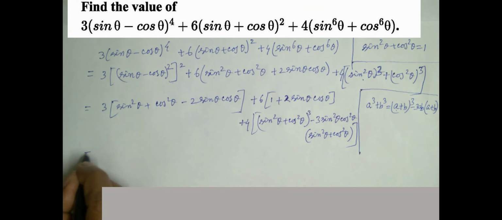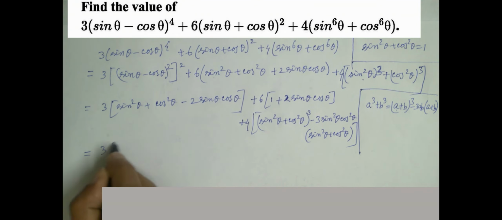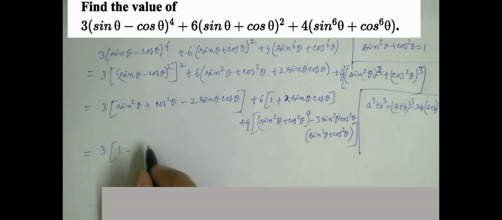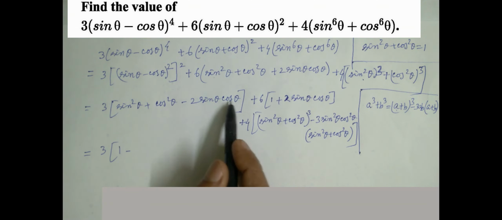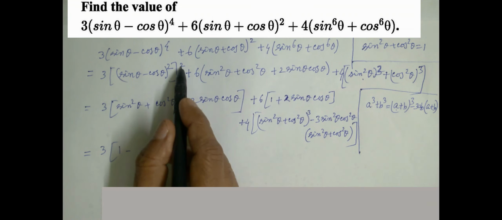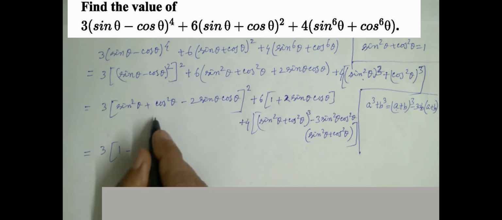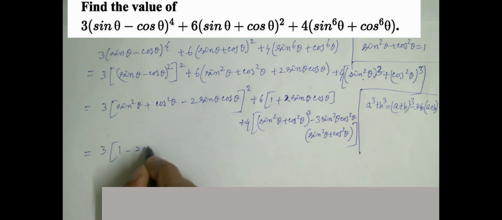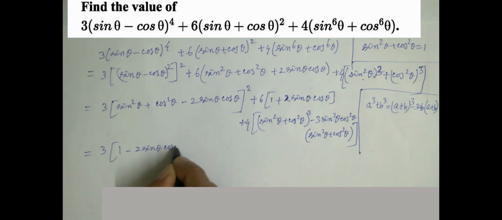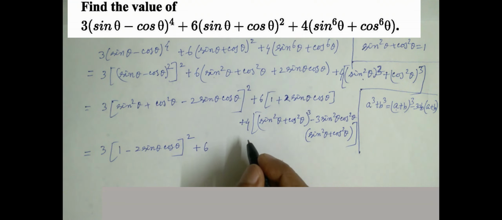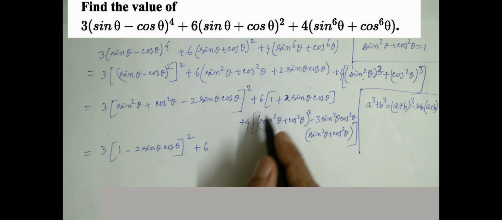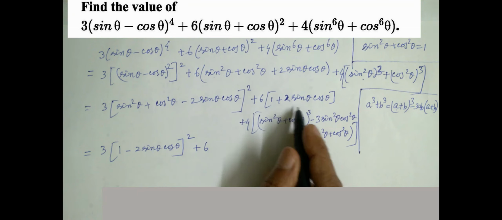Now again simplify this. 3, what is sin² θ + cos² θ equal to 1, minus, here one thing, sin² θ + cos² θ − 2 sin θ cos θ, and this is squared, 2 sin θ cos θ that squared, plus 6 (1 + 2 sin θ cos θ).